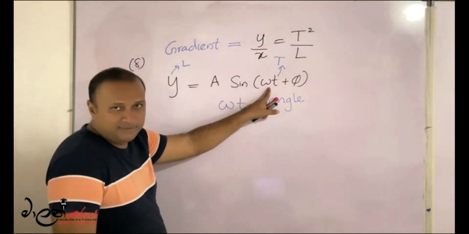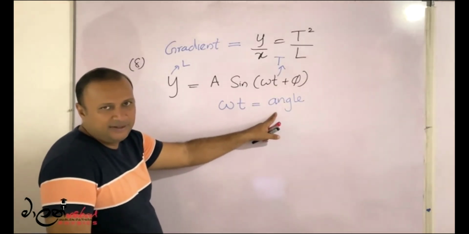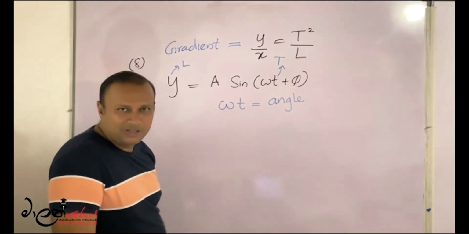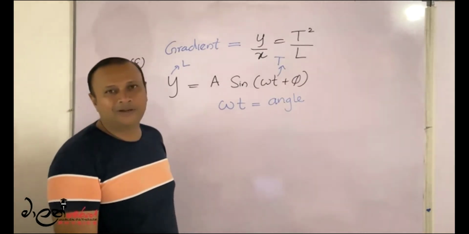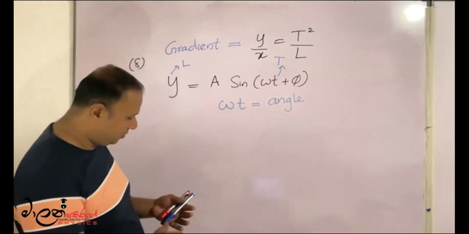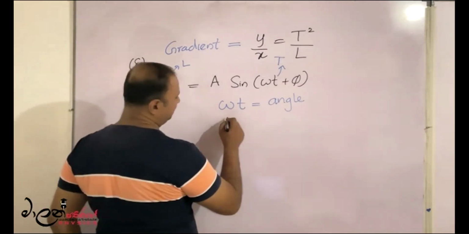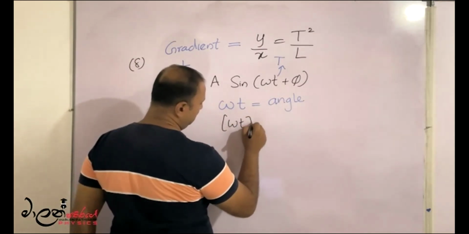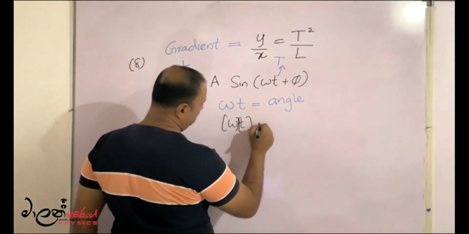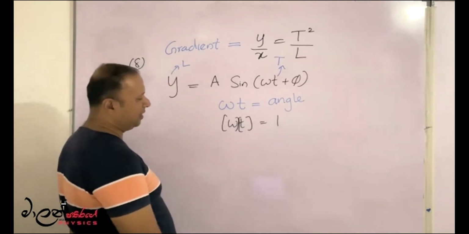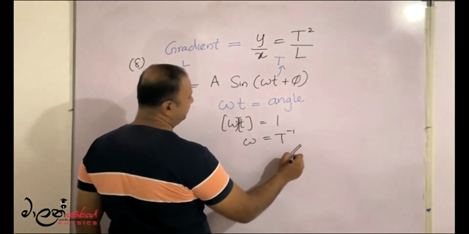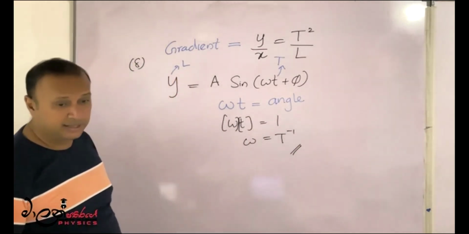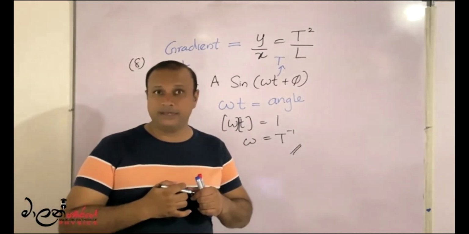Therefore, omega t is an angle. Angle doesn't have a dimension. Therefore, omega should be equal to t minus 1, because angle doesn't have a dimension.